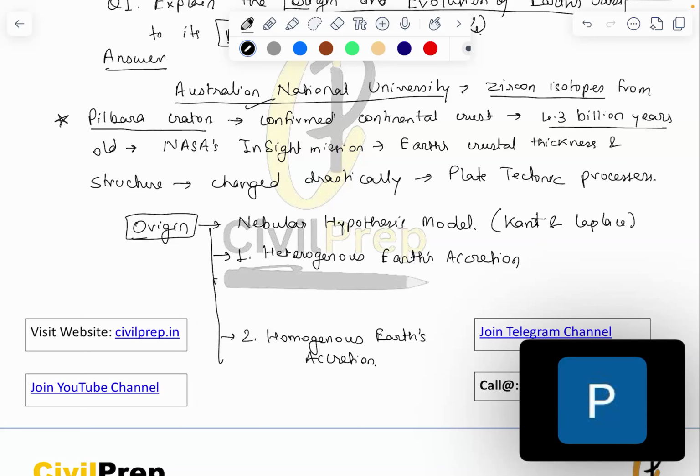Kant and Laplace provided this model. What the first model is saying is that when the accretion of the Earth's material was taking place, during the process of accretion, the different layers formed simultaneously.